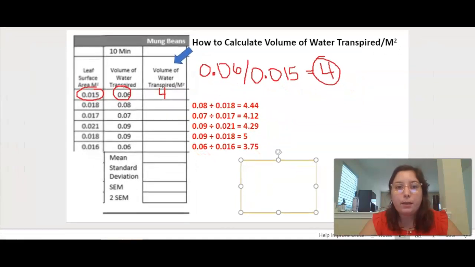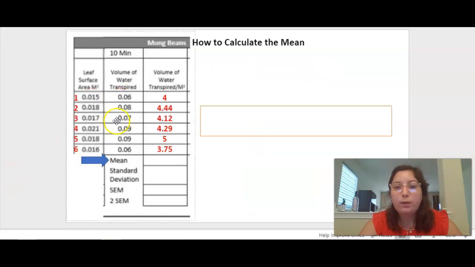Okay. Now, moving on to the next step. Once we figure out all of the rates, we now need to calculate the mean. Okay. And the way we're going to calculate the mean is we're going to add up all of these numbers. The 4, the 4.44, the 4.12, the 4.29, the 5, and the 3.75.